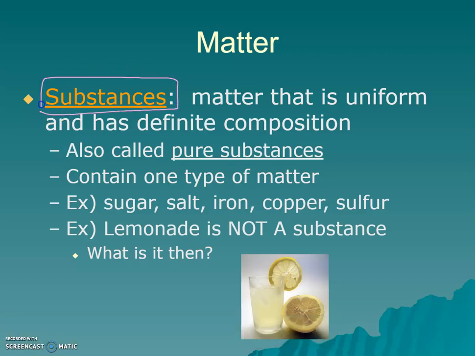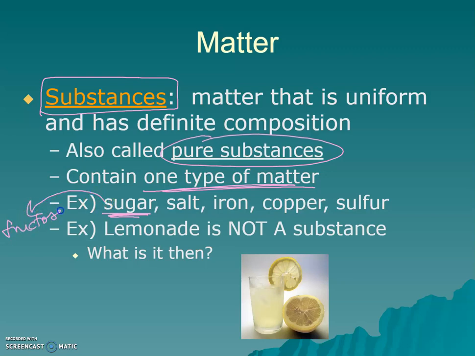So matter, like I said, is going to study our substances, and a substance, also called a pure substance, is really going to just have one type. Sugar is going to be carbon, hydrogen, and oxygen in a certain ratio, depending on what type of sugar, whether it's fructose, glucose, sucrose, or maltose. There are all different kinds of sugars for how many carbons, hydrogens, and oxygens there are.